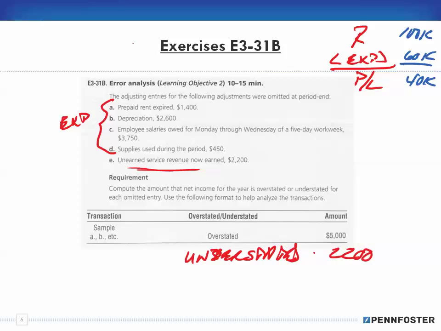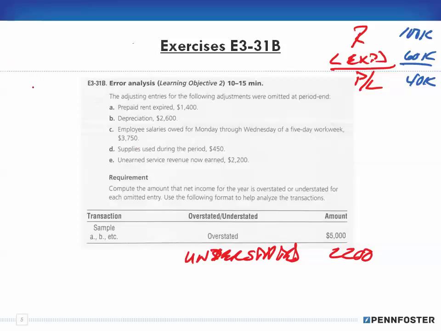Simply because unearned service revenue is the other side of the coin, revenues and expenses. If my expenses mean my profit or loss was overstated, affecting a revenue account means now I'm going to be understated.